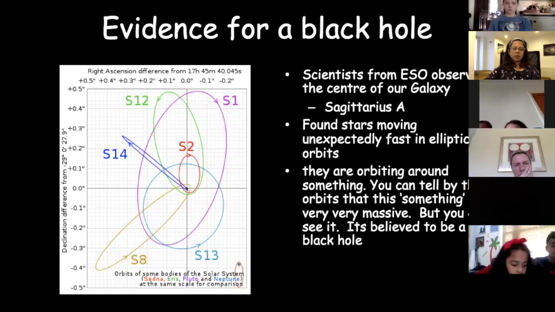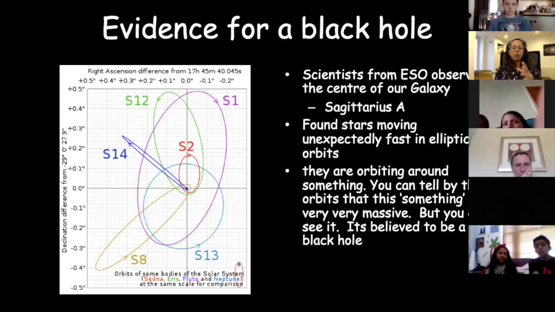What this is showing is different stars in the center of our galaxy, and they're all orbiting around something that you can't see. From measuring the orbits of these stars, we can tell that something we can't see is very, very big, and it's obviously got very strong gravity if all the stars in our galaxy are orbiting around this invisible point in the center.